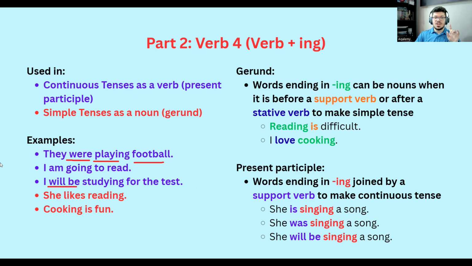Now, be careful. She likes reading. This one, reading is not going to give us a verb. This one is gerund or noun or activity. Cooking is fun. Same situation like this one, reading. Okay, just be careful.